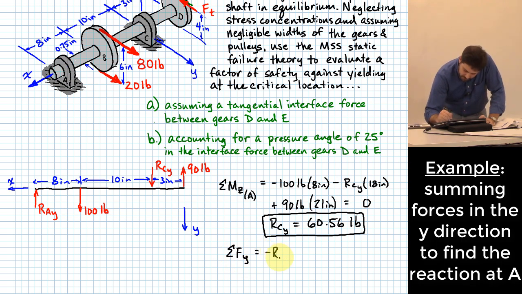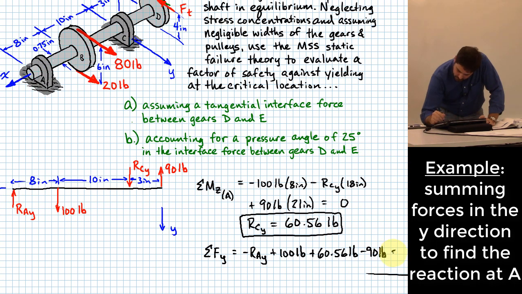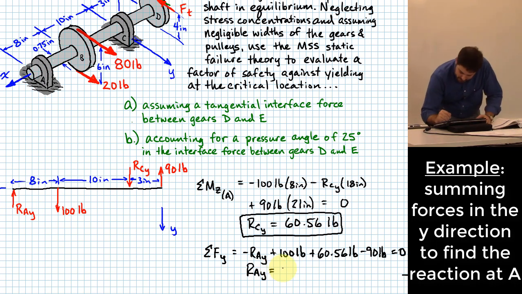Minus RAY plus 100 pounds plus RCY, RCY is 60.56 pounds, and then minus 90 pounds, and all that is equal to 0. Out of this, I get RAY is equal to 70.56 pounds.